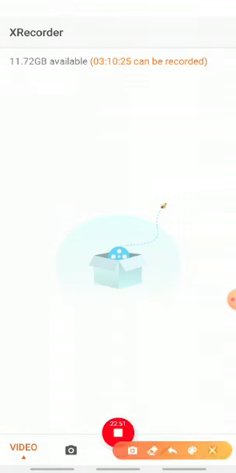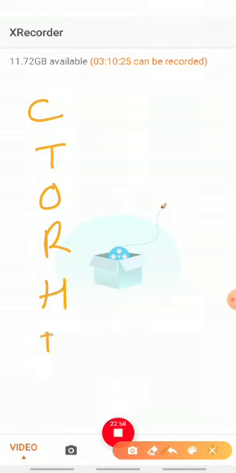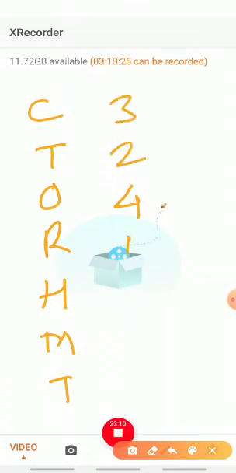Okay, so once more I'll write here, C tor HMT. The trick here is that the third one is orthorhombic. Here you will write 4 3 2 1 1 2 1.